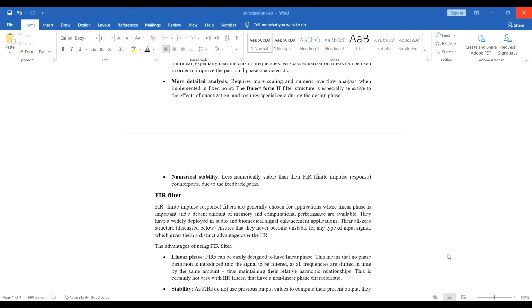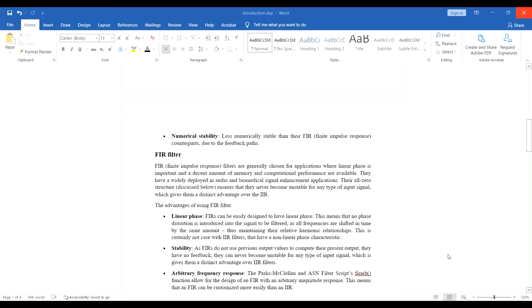They have been widely deployed in audio and biomedical signal enhancement applications. They have an all-zero structure, which ensures that they never become unstable for any type of input signal. This gives the FIR filter more advantage over the IIR filter.